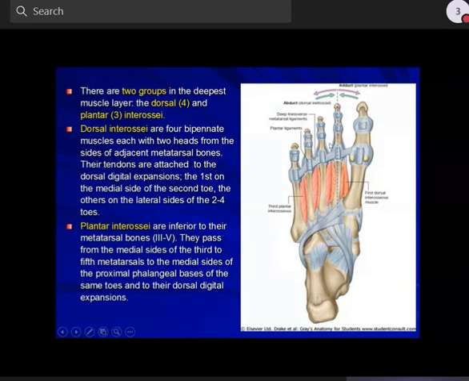The main difference when compared to the hand is that all muscles are arranged with relation to digit 2, in the hand with relation to the middle finger.